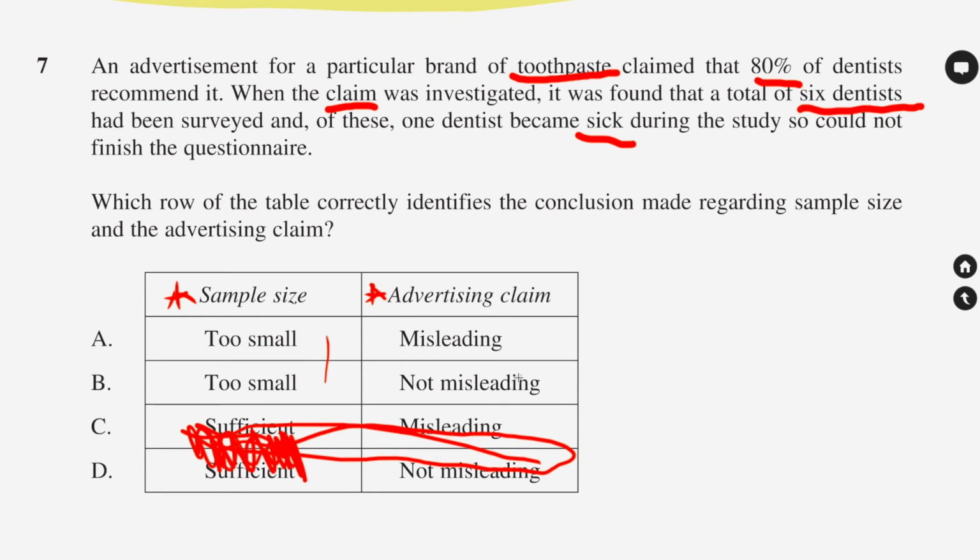And the one that didn't recommend it was sick. Really, it's too small and it's really misleading. So effectively what you get is a misleading claim and too small a sample size. That's the way advertising works, unfortunately.